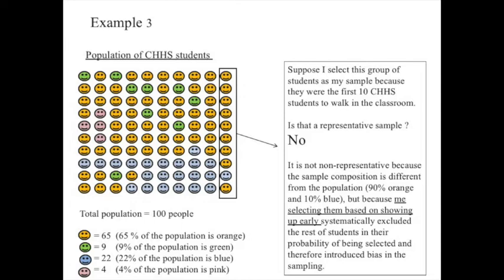So it doesn't matter that the composition looks like the population; it is non-representative because of the selection process, which was not unbiased.